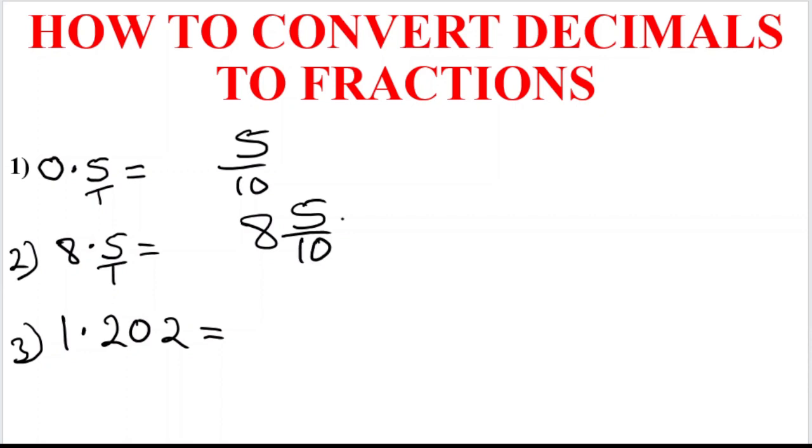Then if you look at the last one, we have 1.202. So the 1 is at our left hand side, which automatically becomes our whole number. So now the decimal place, where the last number ends, let's look at it. This is 10, this is 100, and this is 1000.